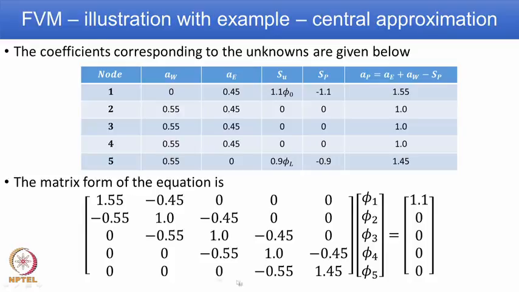Such a matrix, which has only three diagonals, the main diagonal and one just above and just below, is known as a tridiagonal matrix, and there is a separate procedure available, known as the tridiagonal matrix algorithm. We will be looking at that in detail in a subsequent class. Once you invert this matrix by that procedure, TDMA, you get all these values at nodes 1 to 5.